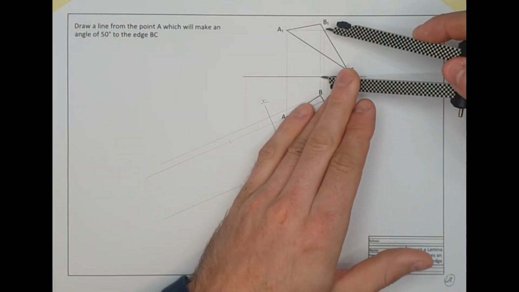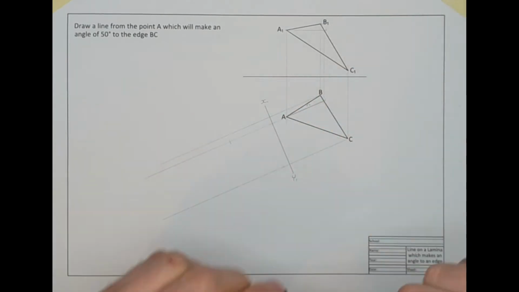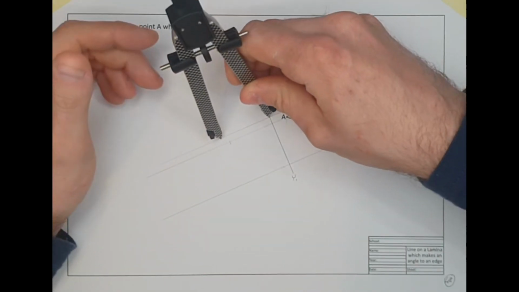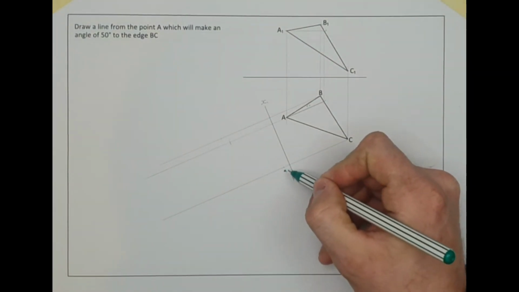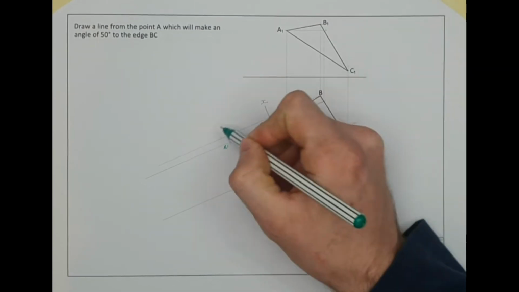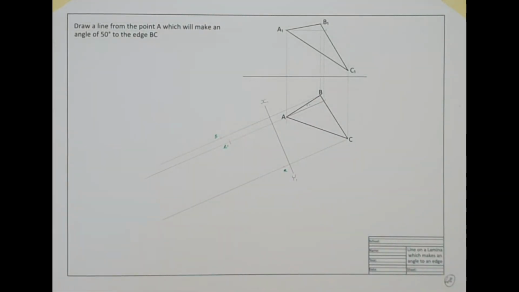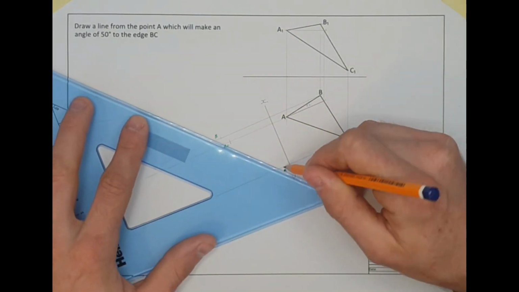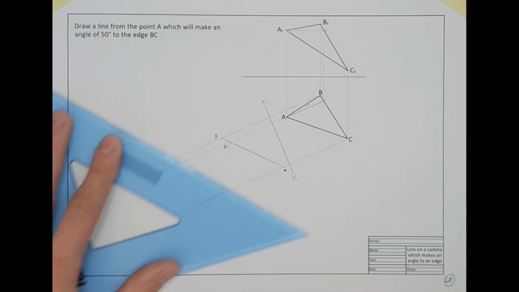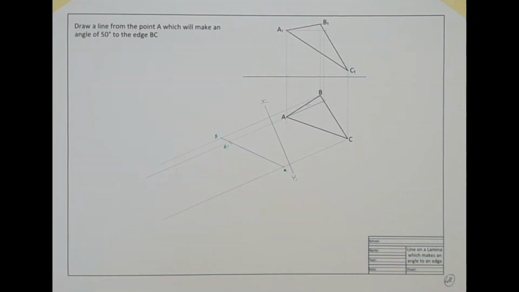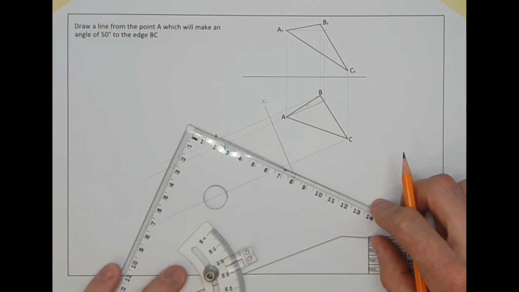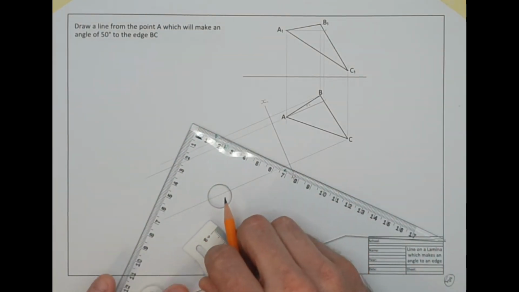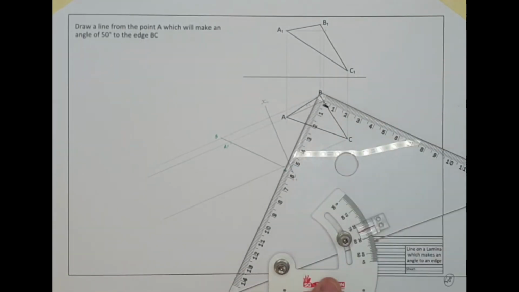And finally, B. So I get C, I get A, 1, and I get B right there. The 3 of them together give me an edge view of the plane. From that edge view, I'm going to set my adjustable again. I'm going to look at 90 degrees to the edge view.